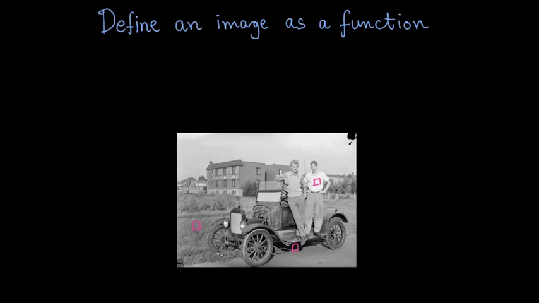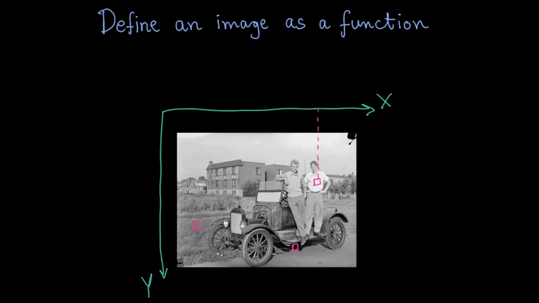We can characterize it using an x-axis, which is the horizontal dimension, and a y-axis, which is the vertical dimension. Any location on the image can thus be specified using an x-axis value and a y-axis value. Notice that this x-axis value can be any real number. Similarly for y. Now the image intensity at the location x, y can be written as f of x, y. And that's how you can think of an image as a function.